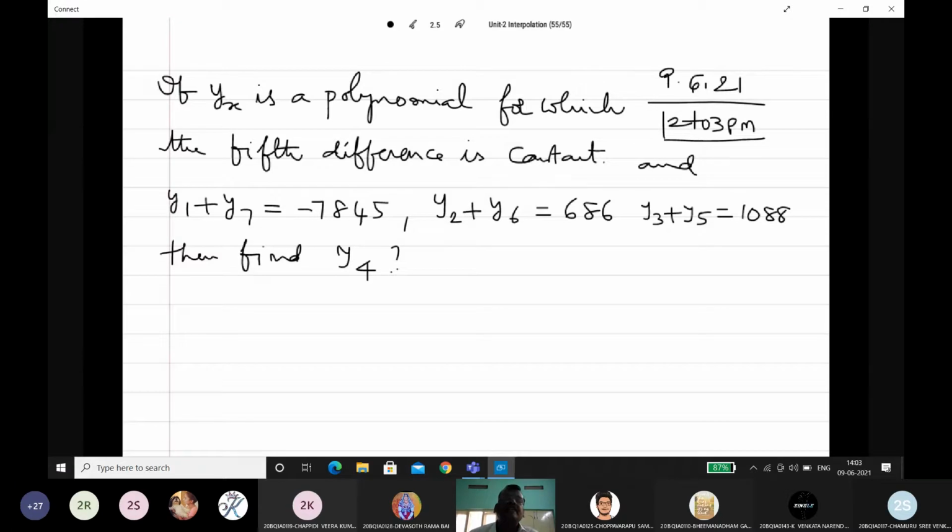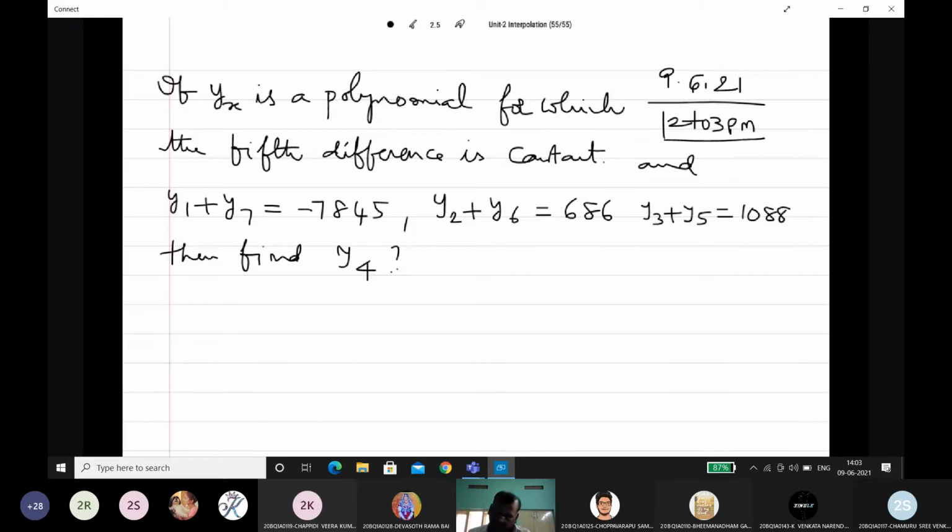Given that the fifth difference is constant, the sixth difference is equal to 0. And here y0 is not given, therefore instead of y0, we start with y1.